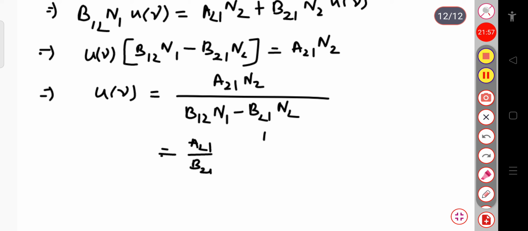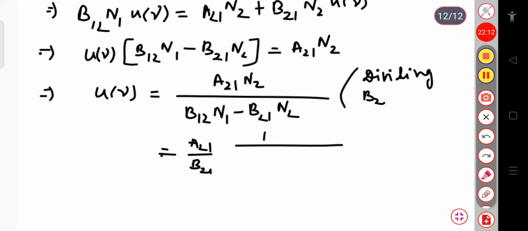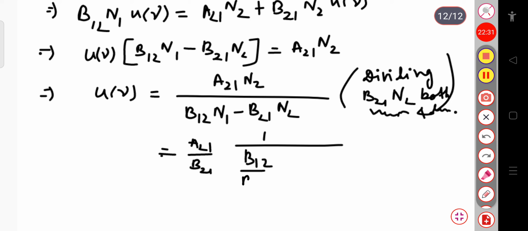And again, if I divide this N2 term in both the denominator and the numerator, so dividing by B21 N2 in both numerator and denominator, we get 1 divided by B12 divided by B21 times N1 by N2, so this is the simple expression.